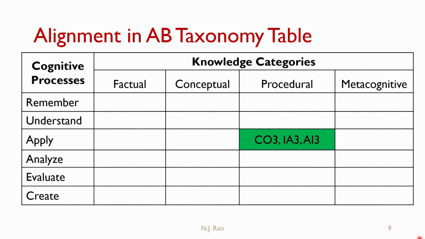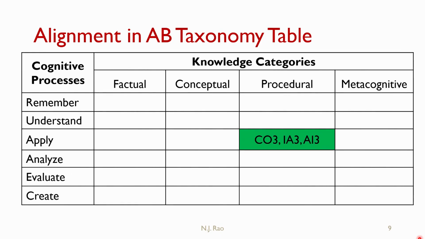Course outcome 3 is related to apply and procedural, so it is located in cell 3 comma 3. When the assessment and instructional activities are in full alignment with CO3, then they should be located in the same cell.